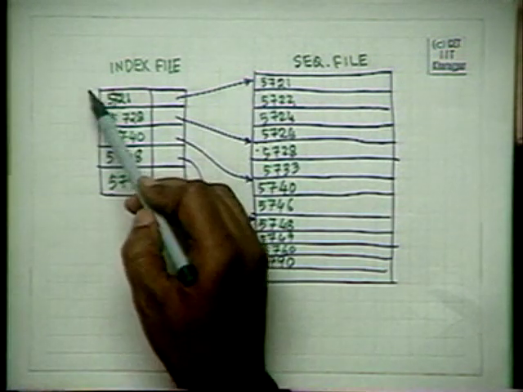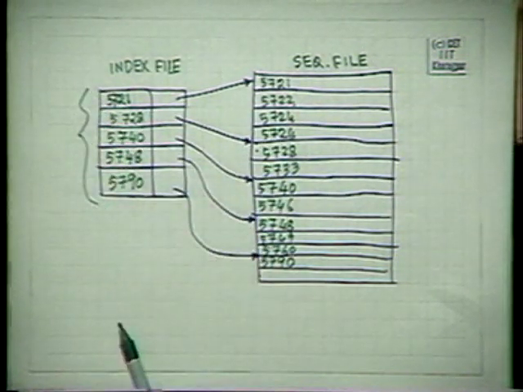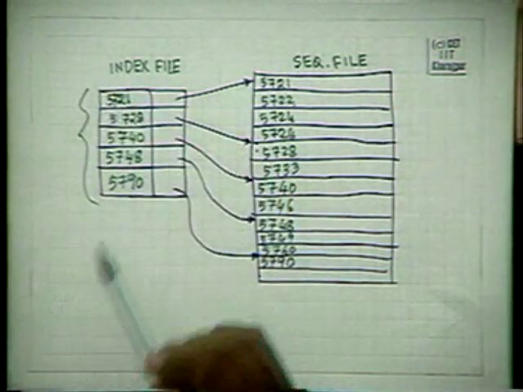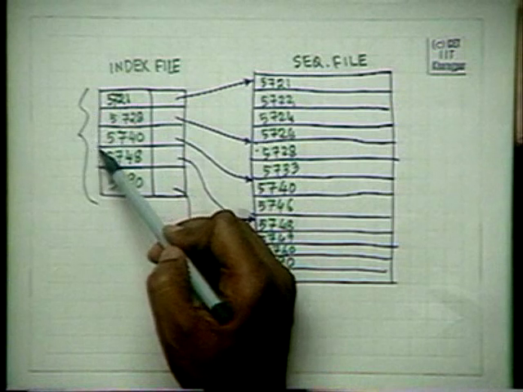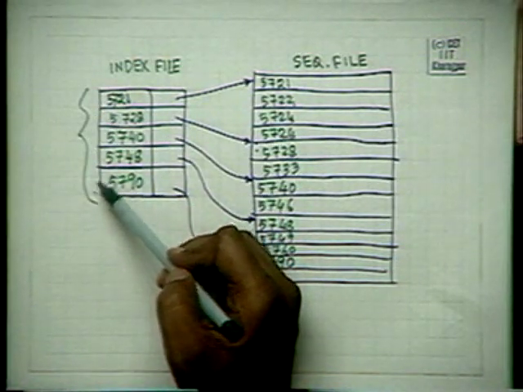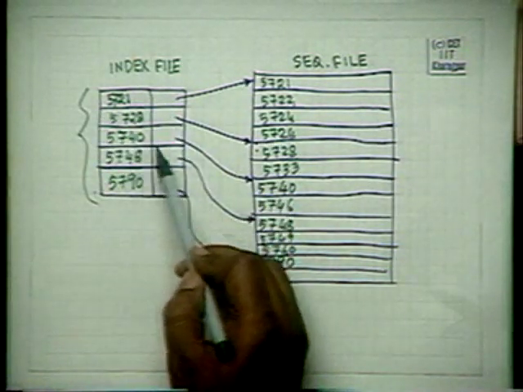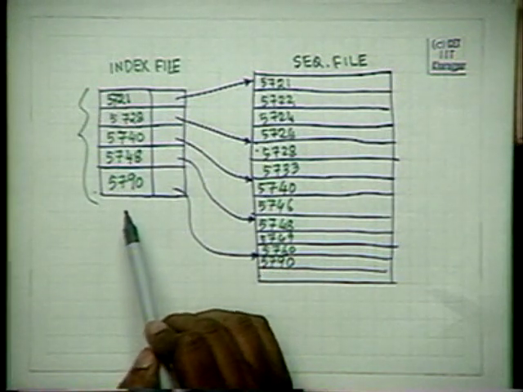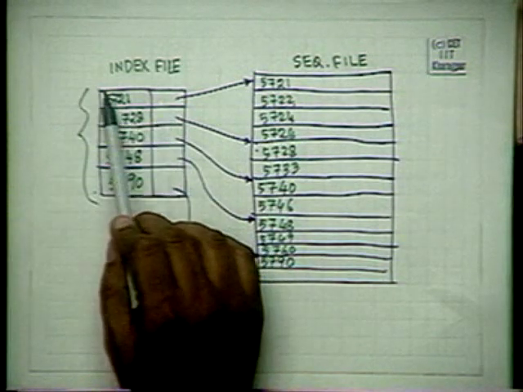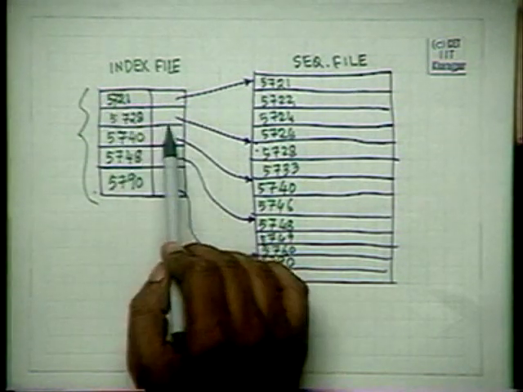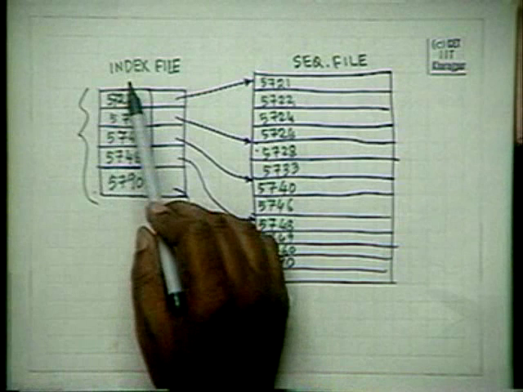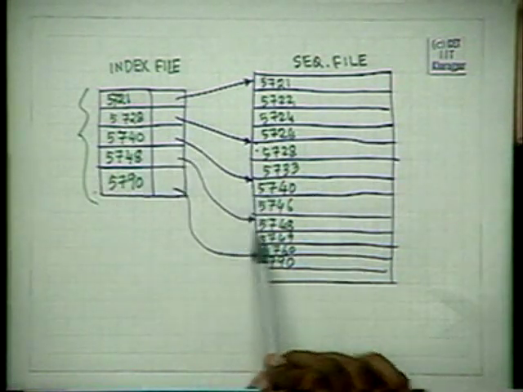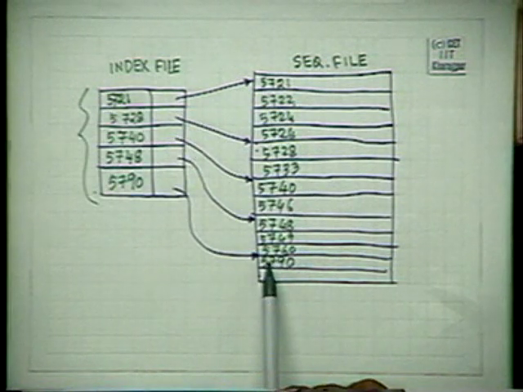Now the elements of this index file will be another sequential file, and you will do a block access. Suppose this is one block, then you will just access one block, scan it quickly, get the pointer and access the actual file.